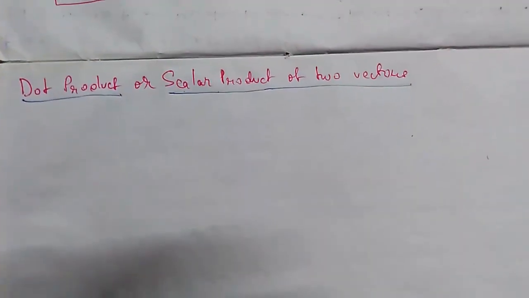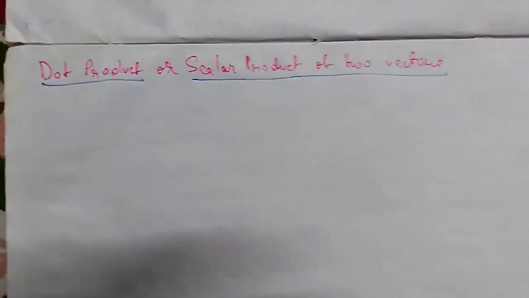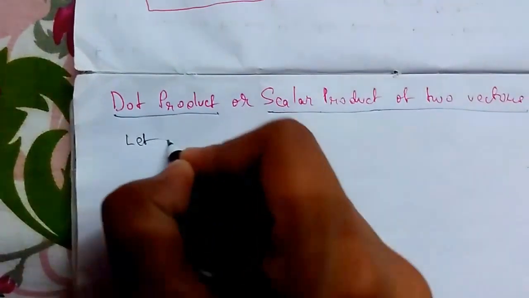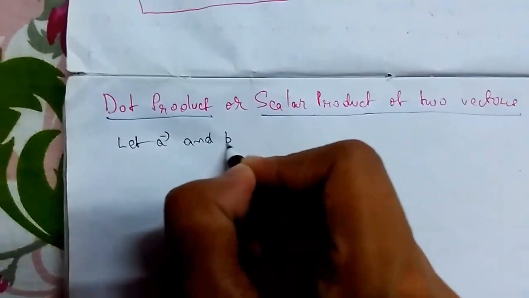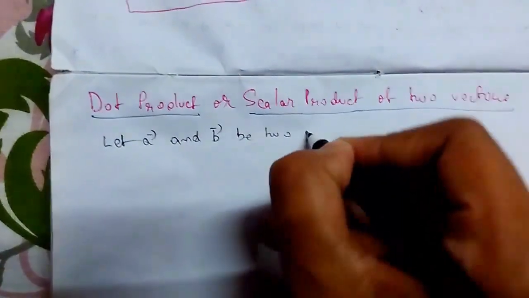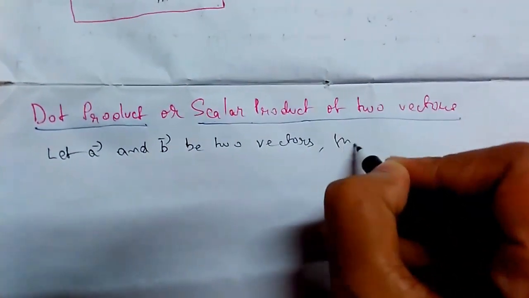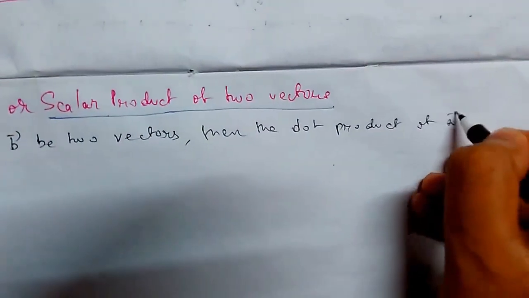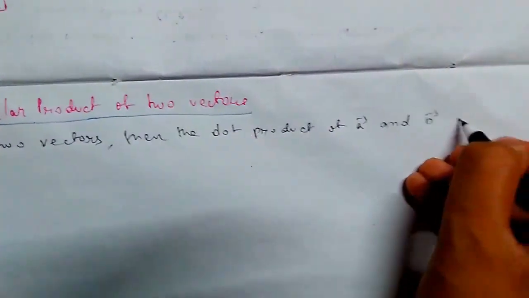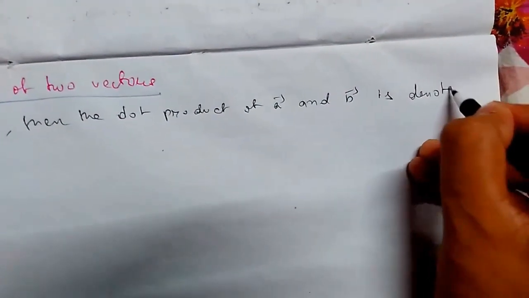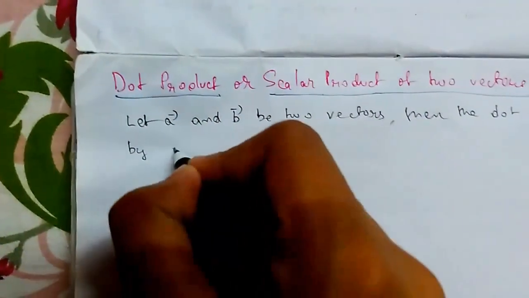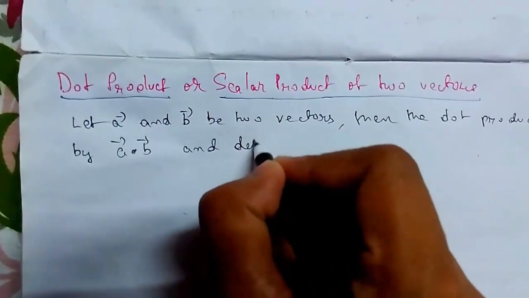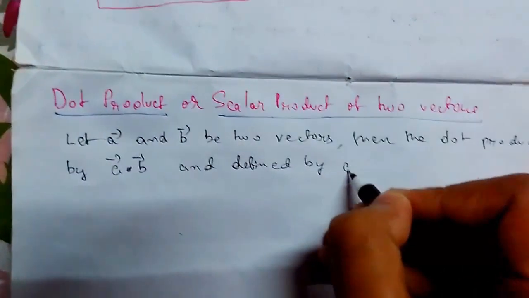So today we'll be studying about dot product or scalar product of two vectors. So let me define what it is. Let A and B be two vectors, then the dot product of A vector and B vector is denoted by A dot B, this is our dot sign, and defined by A dot B vector.